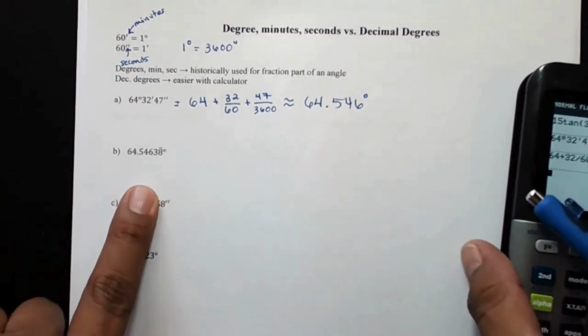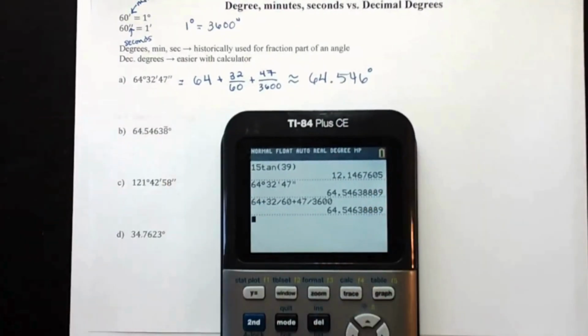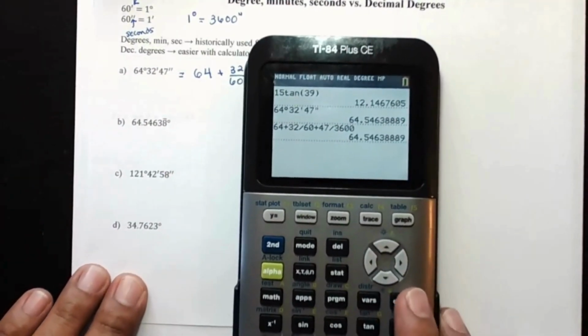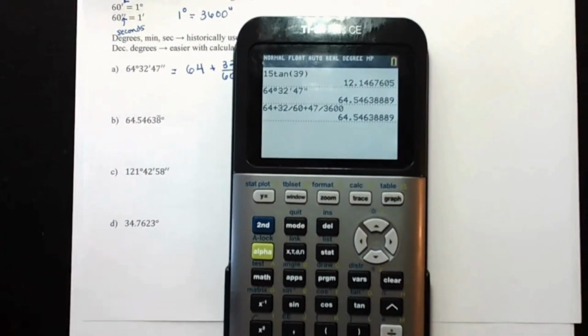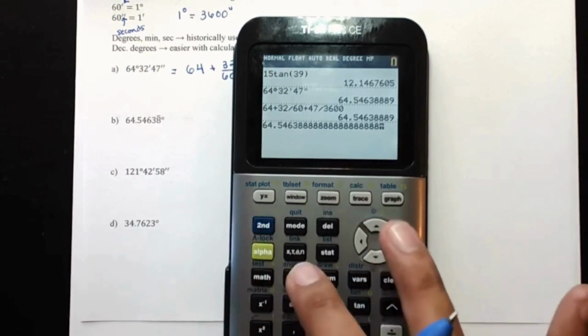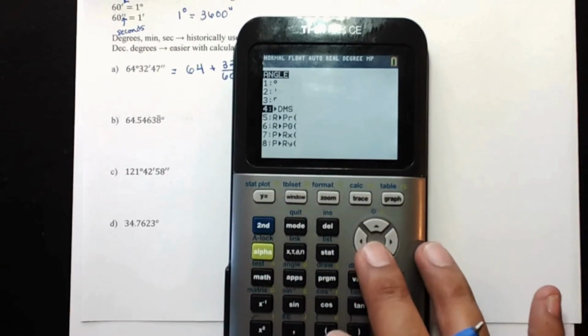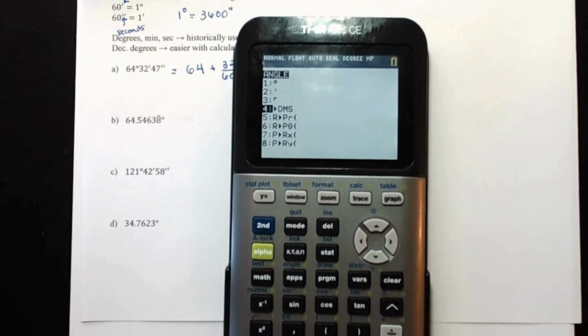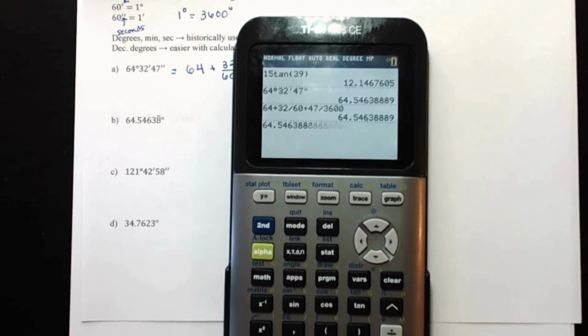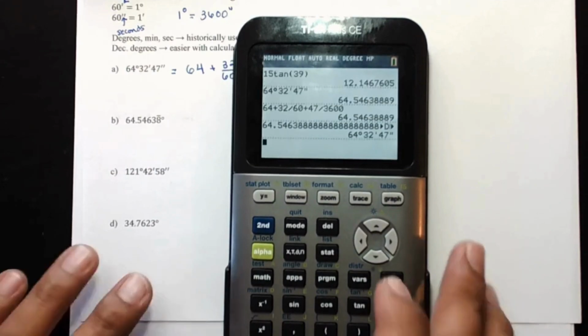Now, what about going from degrees to degree minute seconds? Well, let's type in the number 64.5463 and then just repeating eights. I don't think it really matters how many, but if you go back to that angle situation and go to number 4 and go to DMS, and again in the scientific calculators they do that as well, and you press enter, there it is.